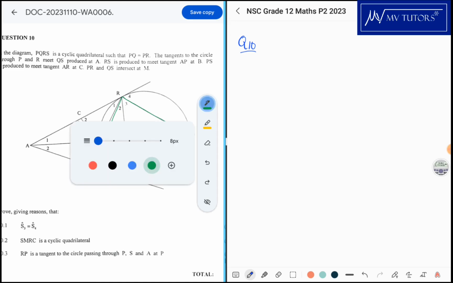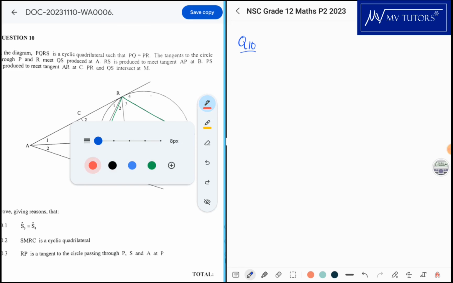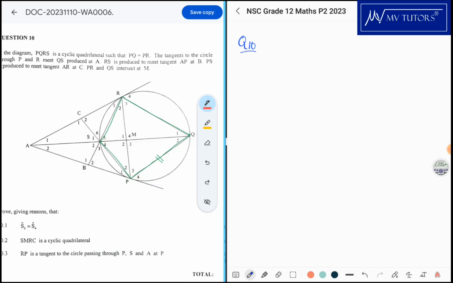So let me just highlight it. No, that didn't work out well. Let's just use a different colored pen. So now we have that PR is equal to QR. Okay, so they're equal.